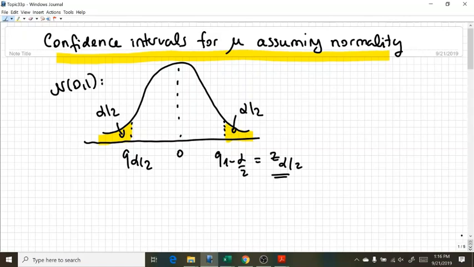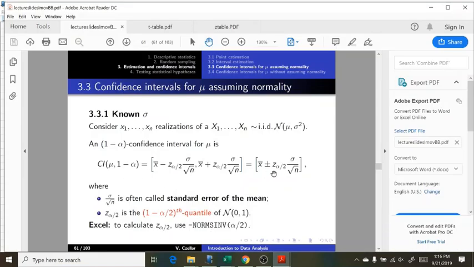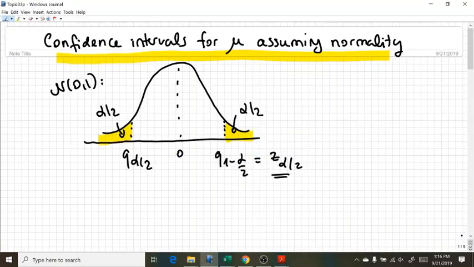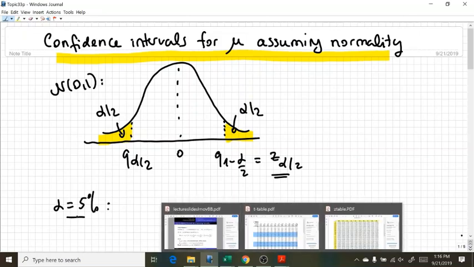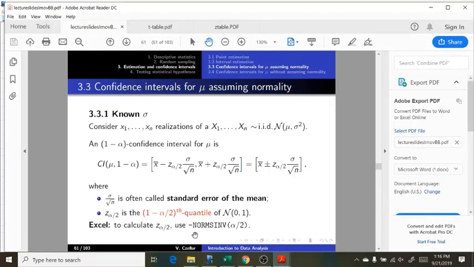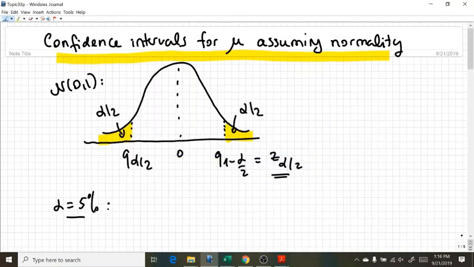Now, let's take an example, how to calculate these z values, because so far it's a little bit abstract. I would like to apply this confidence interval to an example, but how to find this z value? Well, either using a table or using Excel. So maybe let's start with, if you have access to Excel, this is how you will do it in Excel. For example, when you have alpha equals 5%, in the lecture slide, I wrote that with Excel you use norm.s.inv, and you need to put a negative sign in front and specify alpha divided by 2 in parentheses.